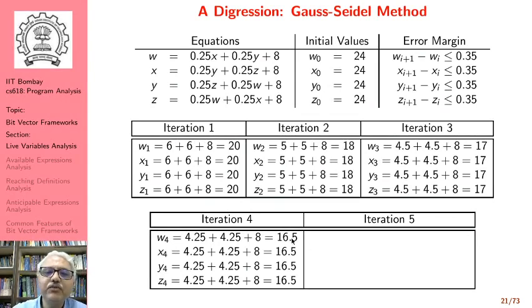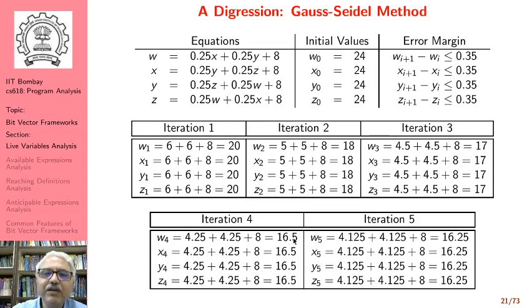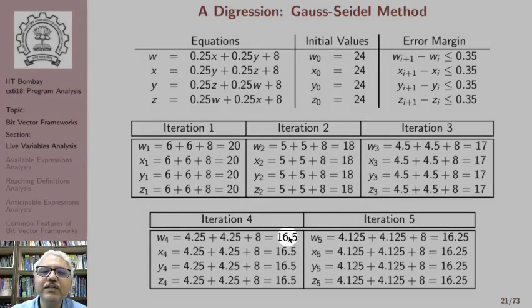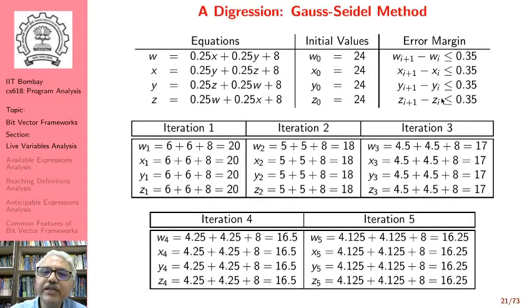We pick up the value 16.5 divided by 4, and now we get 4.125 plus 8, which is 16.25. Now when we compare these values in iteration 4 and iteration 5, their difference is 0.25, which is smaller than the error margin. So we say that our analysis can now terminate, because now we have got the final values.